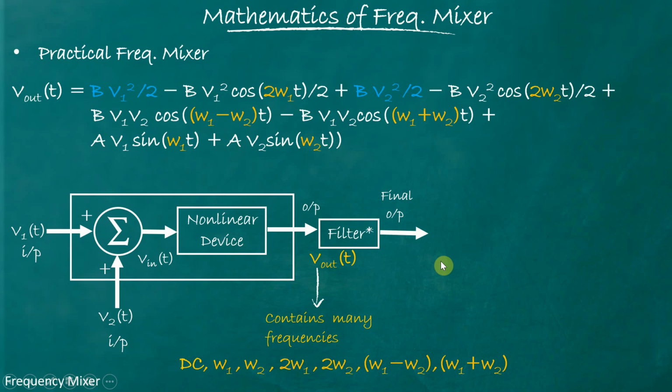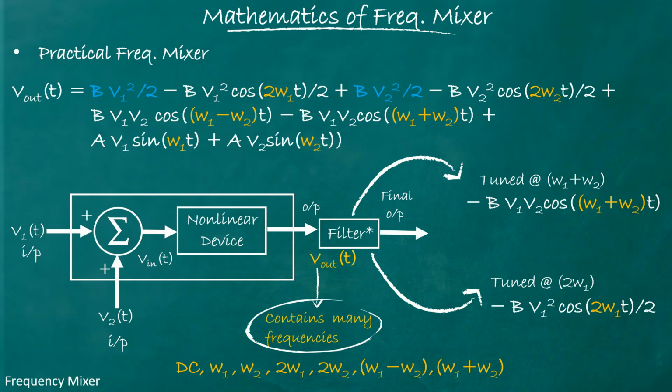So let's see, if we have tuned this filter circuit to pass only omega 1 plus omega 2, the output will be only this minus b v1 v2 cos (omega 1 plus omega 2)t, while the remaining frequency components will be attenuated or rejected by this filter circuit.